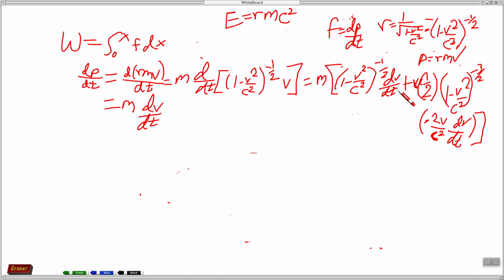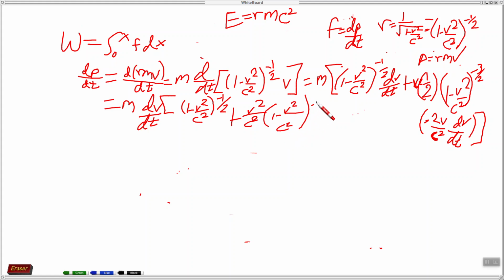So we have (1 minus v squared over c squared) to the power of negative 1/2 plus v squared over c squared times (1 minus v squared over c squared) to the power of negative 3 over 2 because of this, which then becomes m dv over dt (1 minus v squared over c squared) to the power of negative 3 over 2.